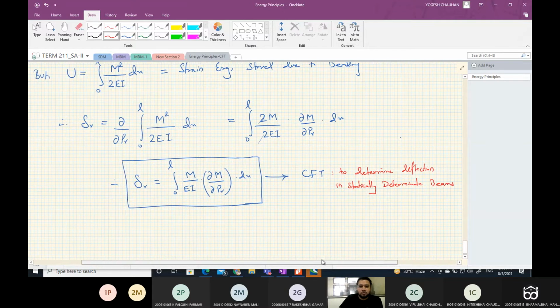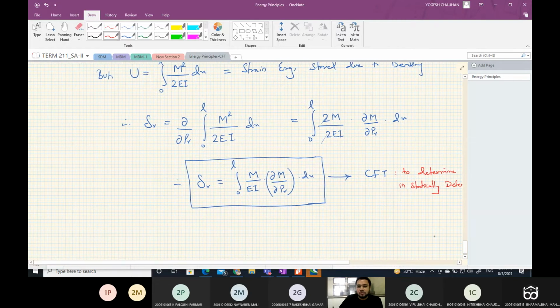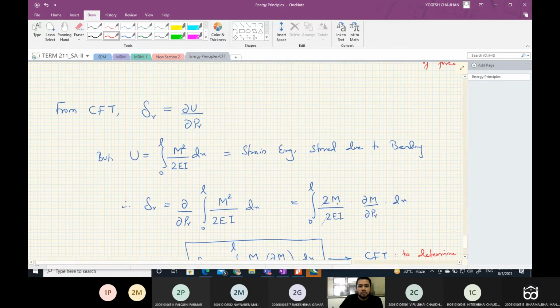This is for the deflection. Now suppose you want to find the slope, then you have to take the partial derivative with respect to moment.